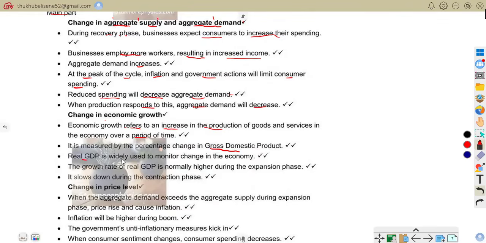Real GDP is widely used to monitor change in the economy. Meaning to say, real GDP removes inflation to show actual growth. The growth rate of real GDP is normally higher during the expansion phase.